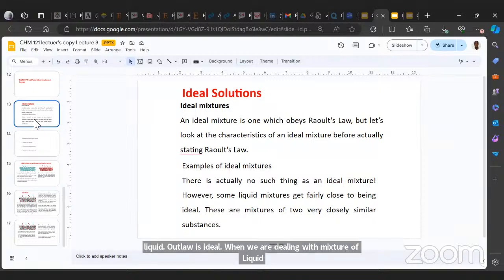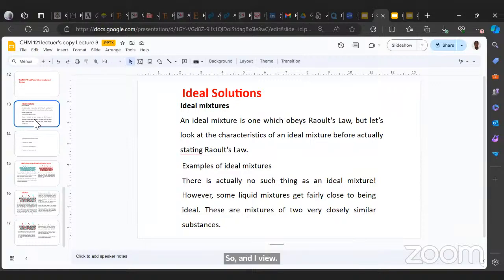An ideal mixture is one that obeys Raoult's law. Only dilute solutions most likely really obey Henry's law. Very concentrated solutions will begin to deviate from Henry's law.